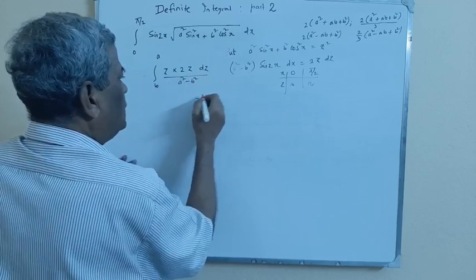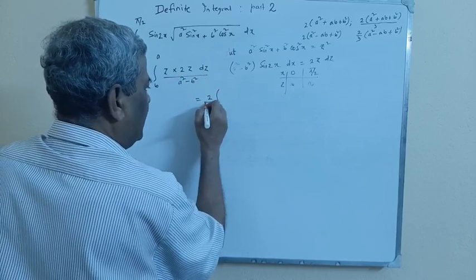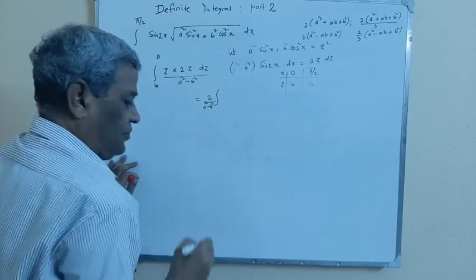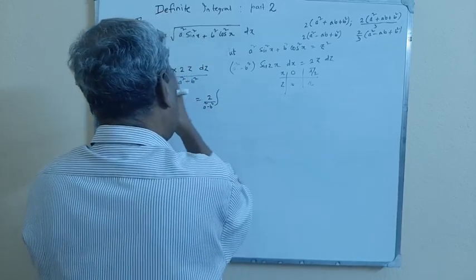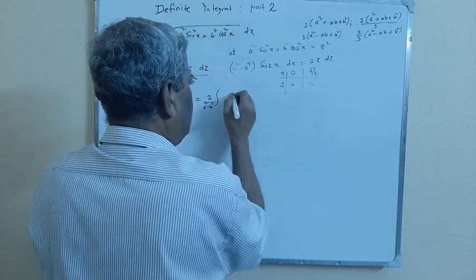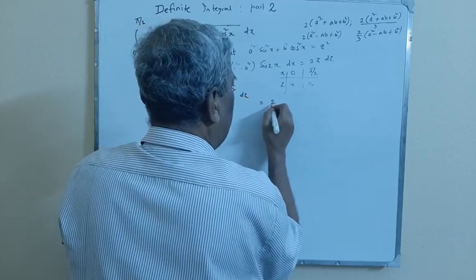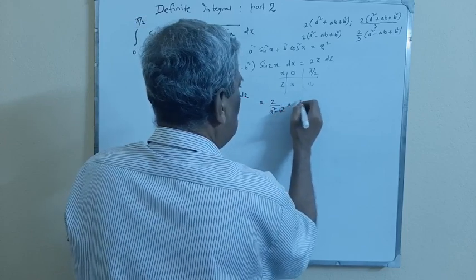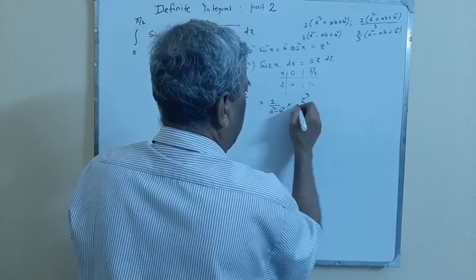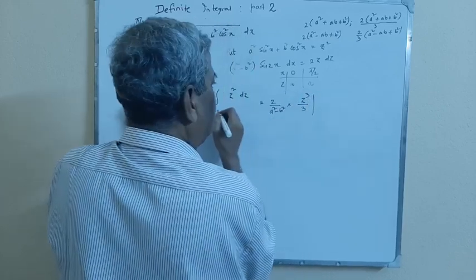So it is equal to 2 by a square minus b square times the integration of z square dz, which is 2 by a square minus b square into z cube by 3, with limit of z from b to a.